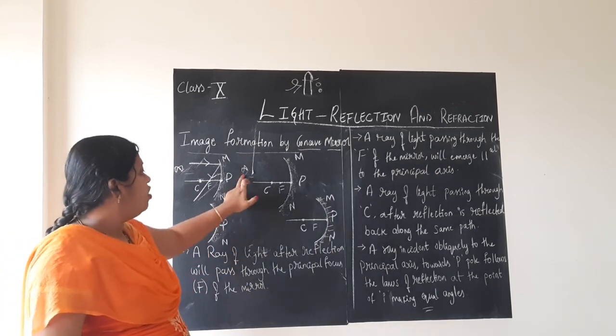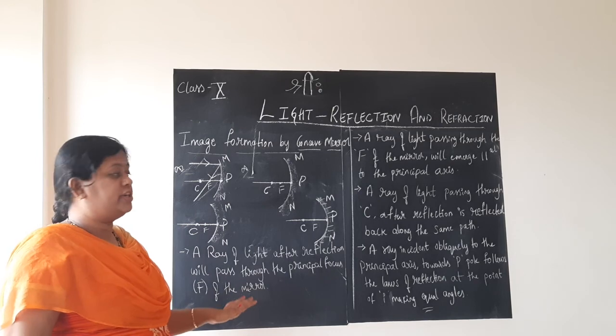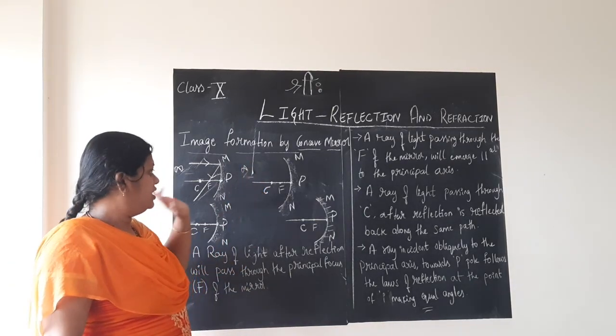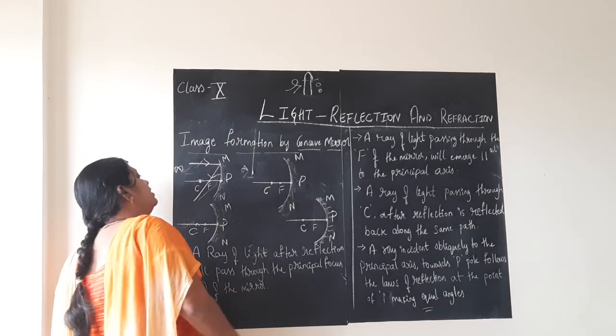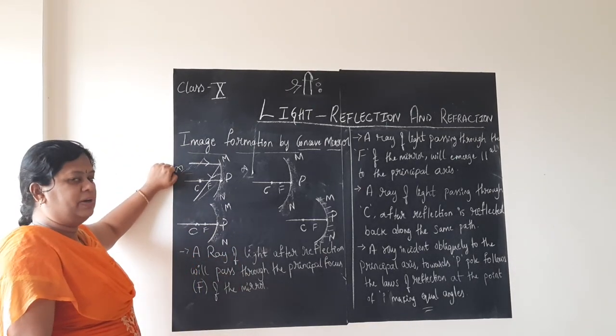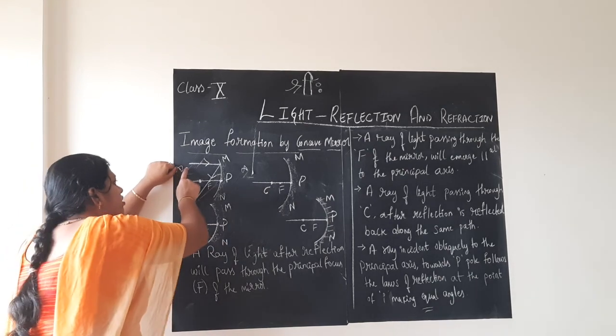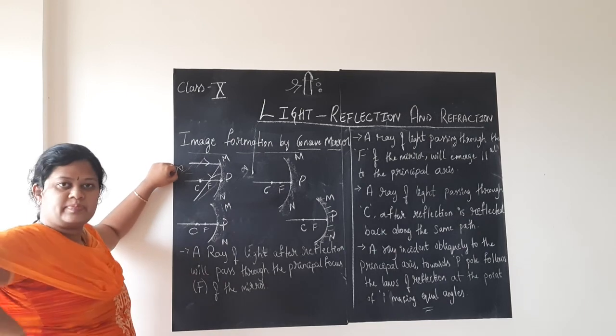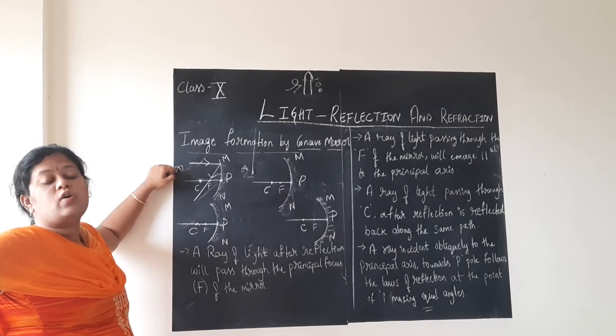Keep in mind. Always you should show the source or object, from where the light is coming. When the object is placed at infinity and I switch on the torch, keeping it as the source, it is not like only one ray of light is coming. Many rays of light are coming. A beam of light comes. What is beam?